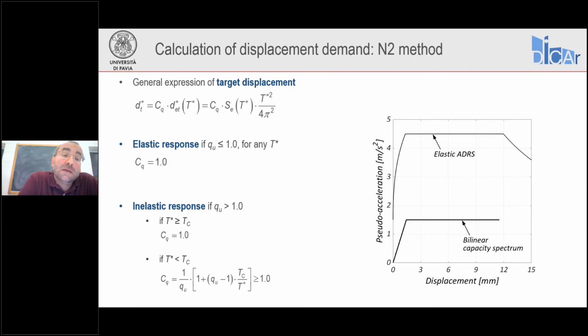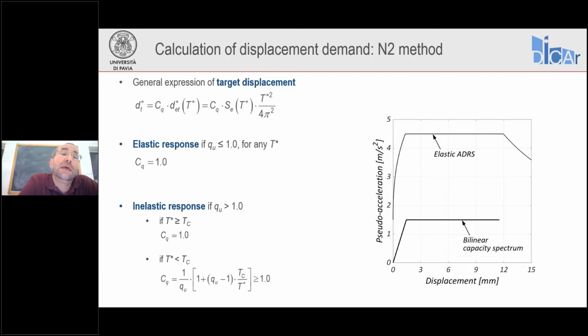What happens if Q sub u is greater than 1? Well, the response will be inelastic, and here we have to distinguish between long and short period systems. For the N2 method, a long period oscillator is an oscillator that has a T star greater than the corner period, transitioning from the constant acceleration to the constant velocity branches of the spectrum. So if T star is greater than Tc, the system is a long period system. There is no amplification of the displacement demand.